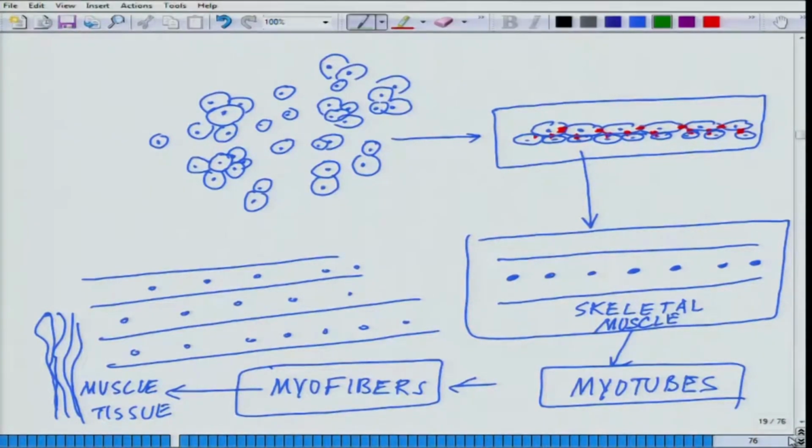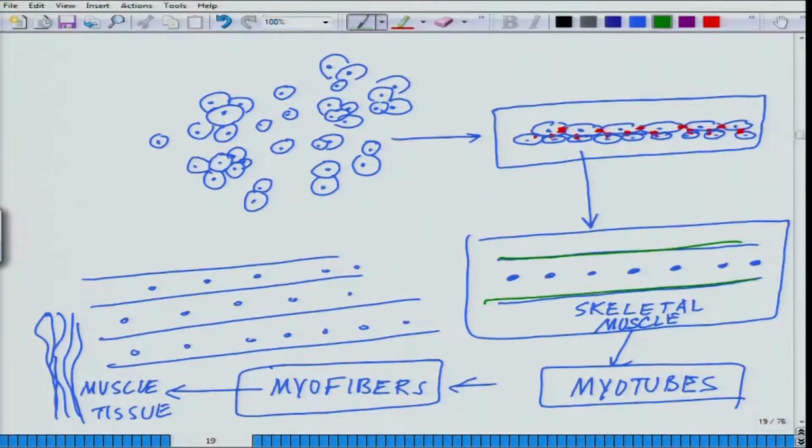Basically, initially the muscle cells divide, and after division they lose their individual cell walls, as I showed you. I also told you the difference between cardiac muscle and skeletal muscle, cardiac versus skeletal.